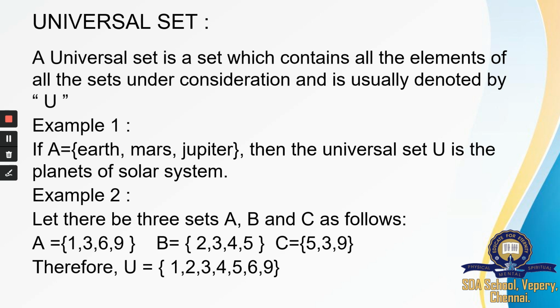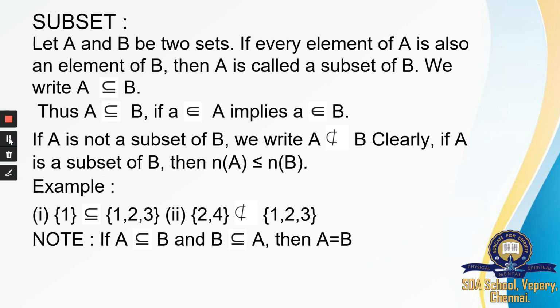Next we have the subset. If you take any two sets A and B, then if every element of A is also an element of B, we call A a subset of B. This is the notation, this is how we represent the subset.